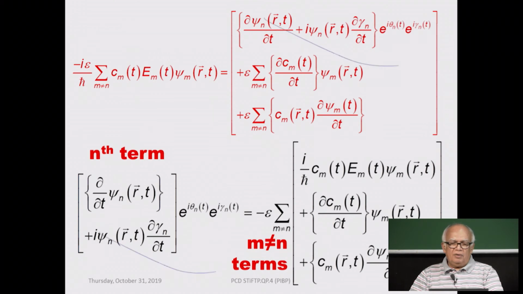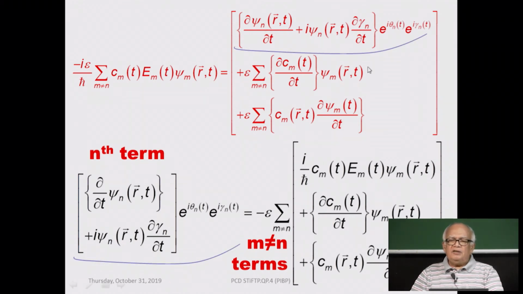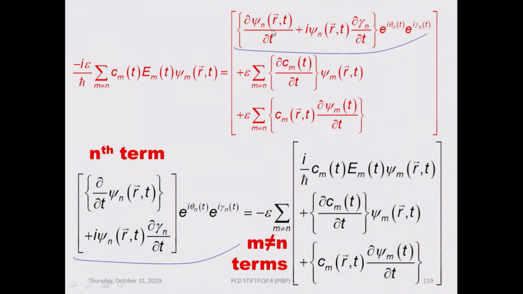You can now write it for these two terms which correspond to the nth state. Everything else is the sum over m for m not equal to n, as you have on the left hand side, and also on these terms on the right hand side, this one and also this one, right.